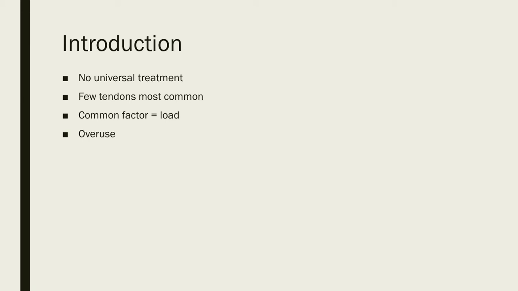So the common factor with all of these injuries is by and large load. So the actual load that is placed on these structures, especially with overuse, is going to be the culprit in actually causing damage to the tissue and ultimately causing some type of pain and discomfort.